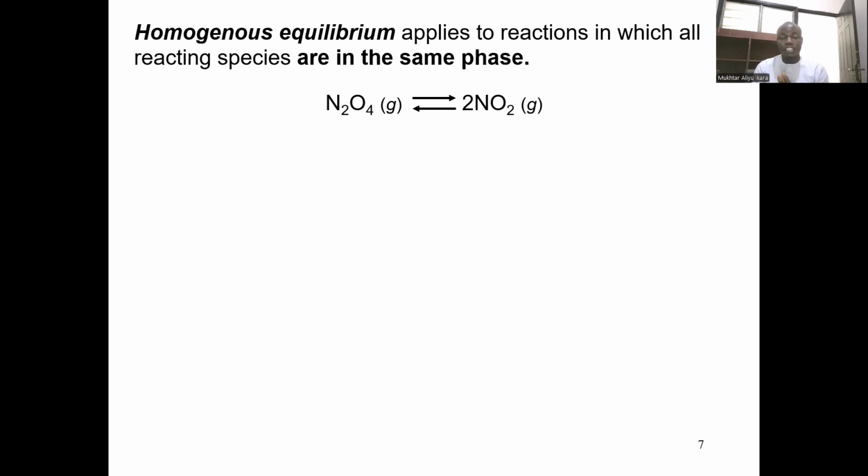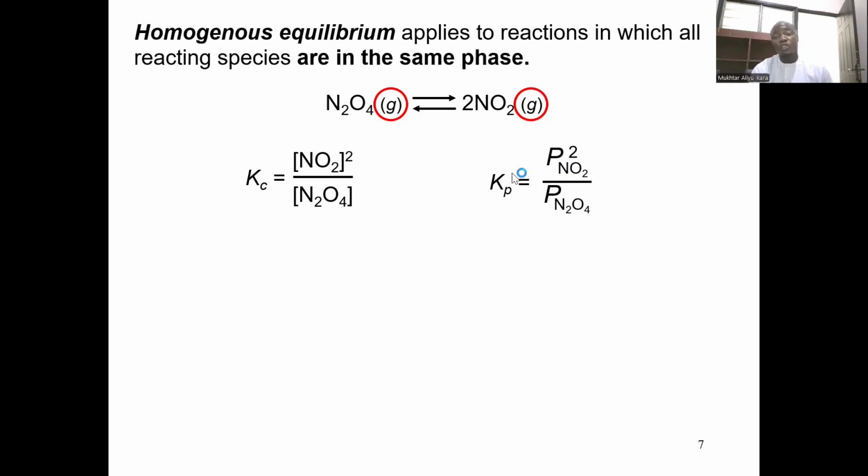If they are all liquid, or all gases, or all solid, it means that they exist in homogeneous equilibrium. So here you see they are all in the same phase, which is gas. Now to express the equilibrium constant, Kc is equal to the concentration of the product raised to the power of 2, because the coefficient of the product is 2, divided by the concentration of the reactant.